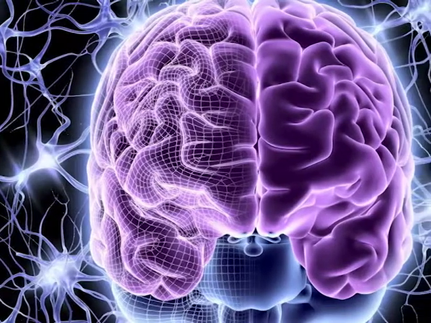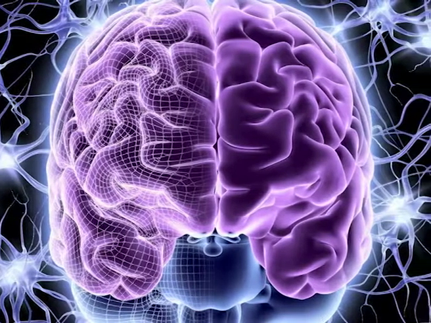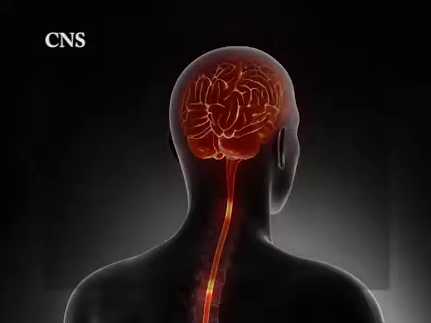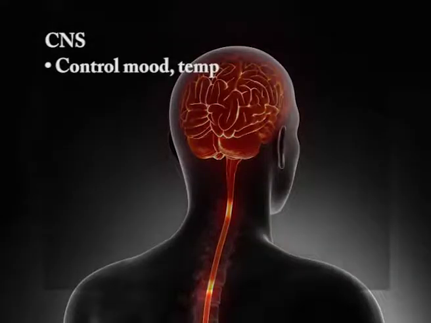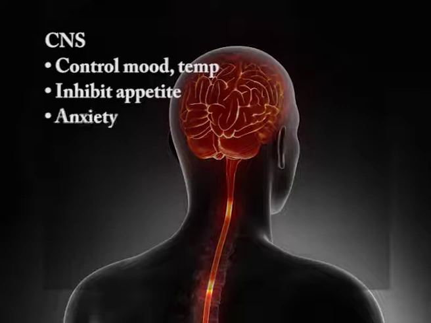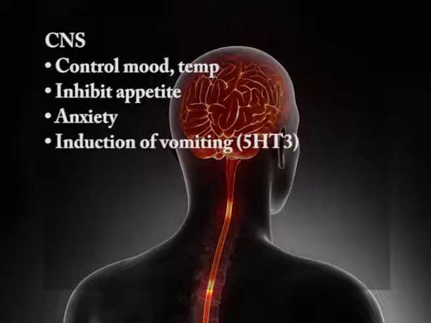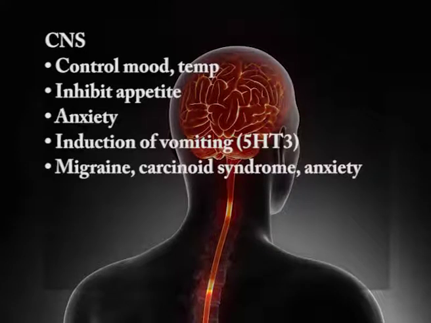Stimulation of sensory nerve endings may include pain and itching sensation. In CNS, it is responsible for control of mood and temperature, inhibition of appetite, anxiety, induction of vomiting, migraine and carcinoid syndrome.